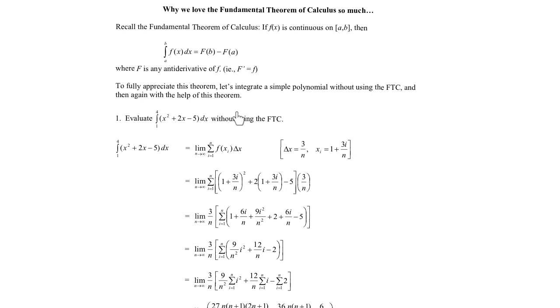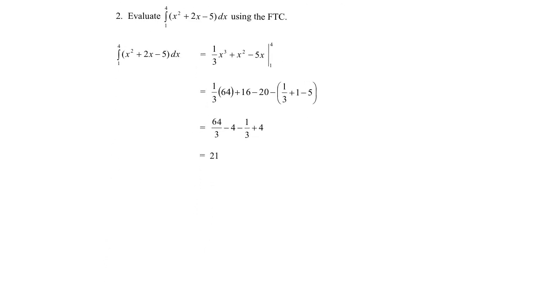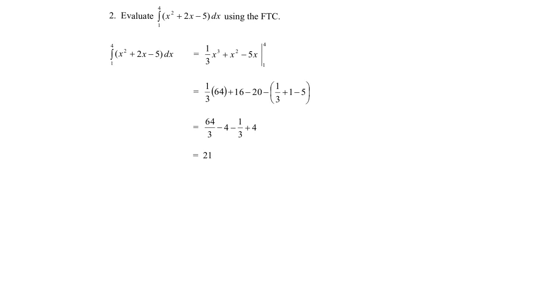But before this, I'm going to show you how easy it is by looking at the one on the back here. If you have the fundamental theorem of calculus, which we'll have very soon, then evaluating this integral is really simple.